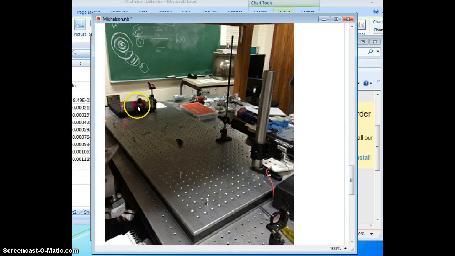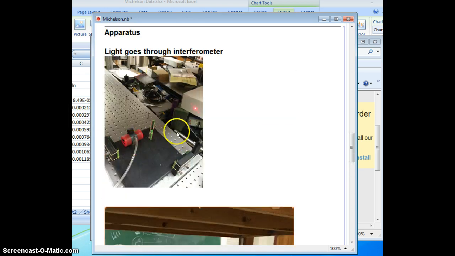Some of it goes through the optical chamber, that's that red thing right there, and then back, and then it lands on a screen, which would be that one right there.